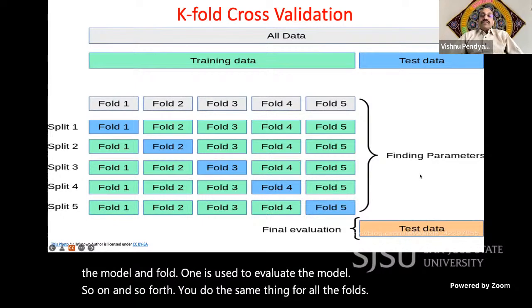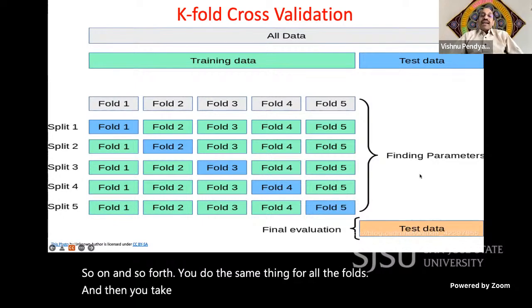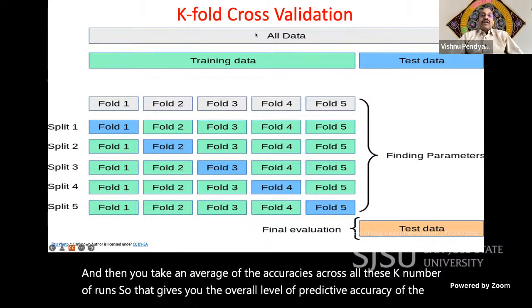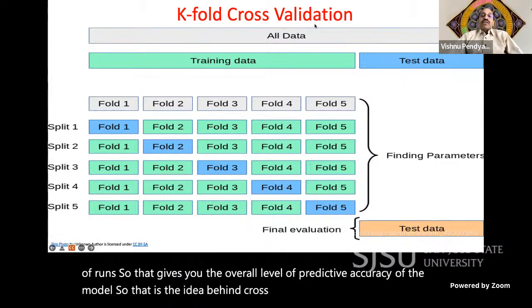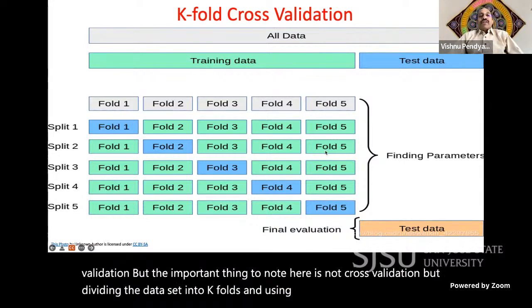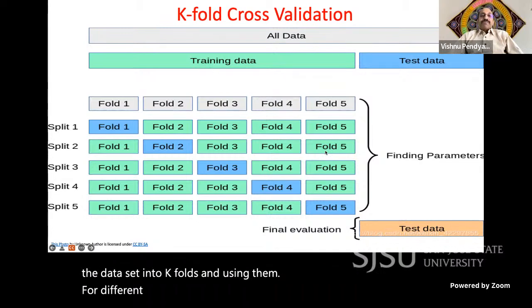And then you take an average of the accuracies across all these k number of runs. That gives you the overall level of predictive accuracy of the model. So that is the idea behind cross-validation and k-fold cross-validation. But the important thing to note here is not cross-validation, but dividing the data set into k-folds and using them for different purposes, right?